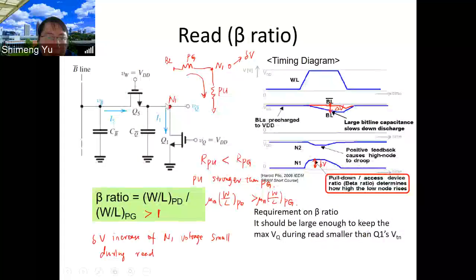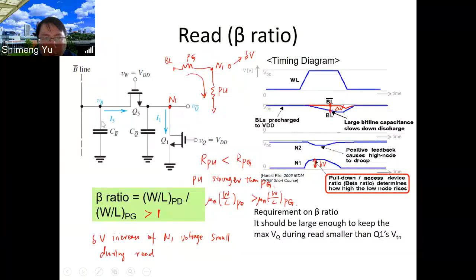And we rely on this current to increase the N1 node. At the same time, this current is going to decay the BL voltage. So we rely on this disturbance to the N1 node to read out the data. But we don't want this N1 to increase too much because we don't want to change the data. This is what we need to care about for the read.